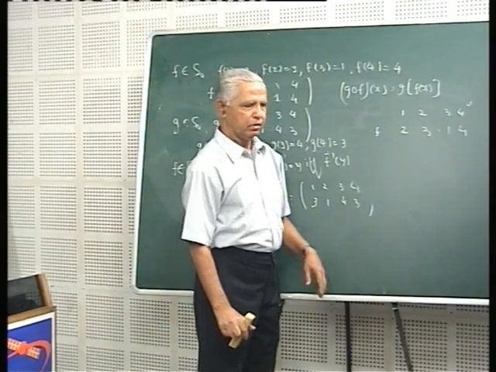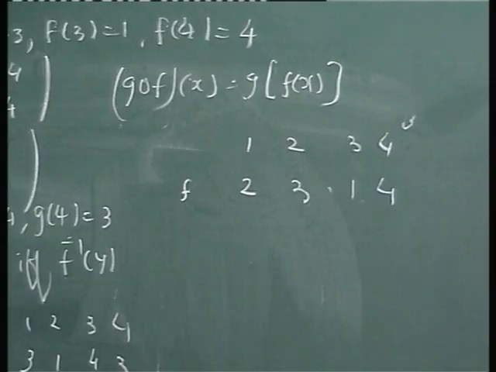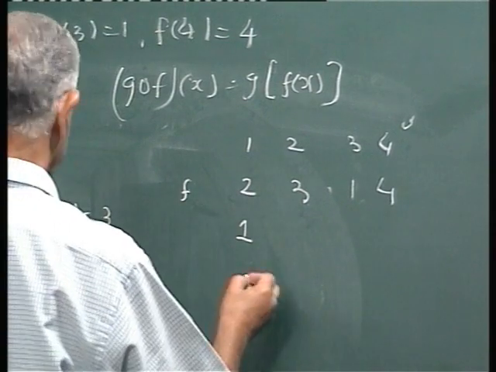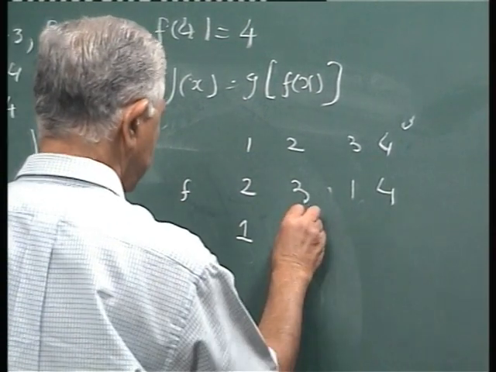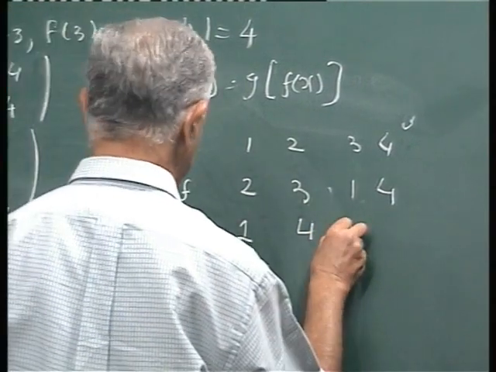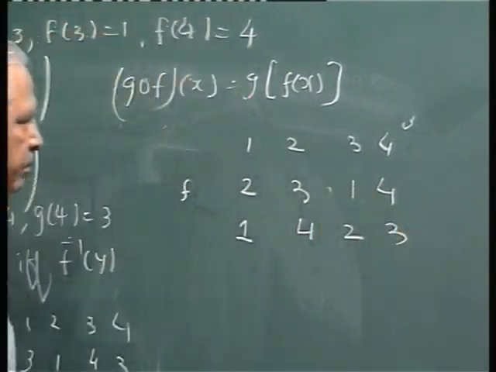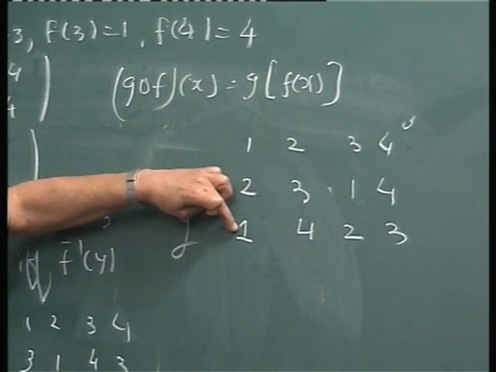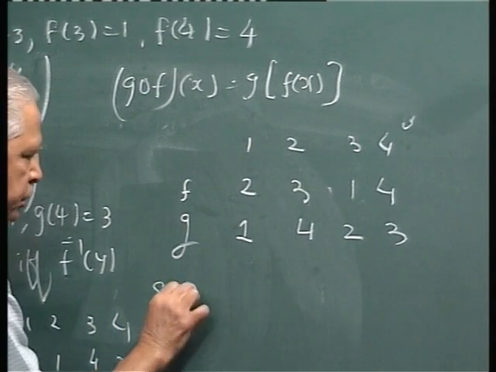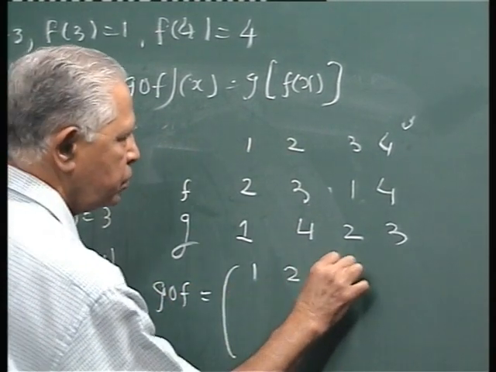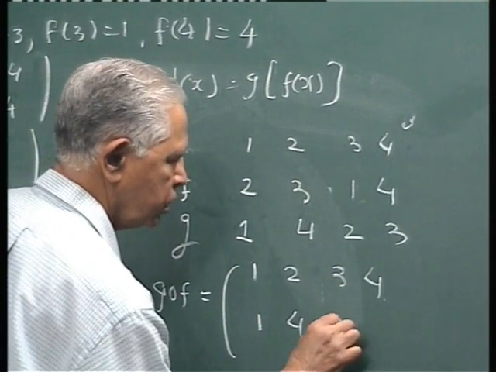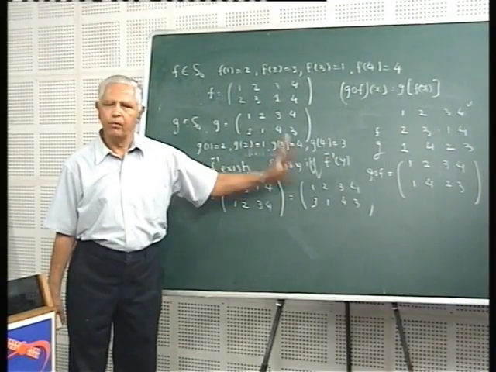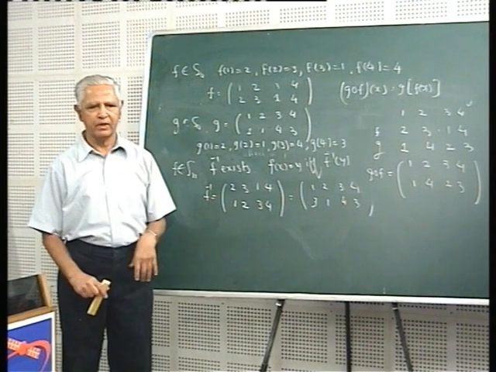Now in the third row, I write down the value of g at these elements. What I know is that g(2) is equal to 1, g(3) is equal to 4, g(1) is equal to 2, and g(4) is equal to 3. Now this is our g. Combining the first and third row, what we get is g composition f is equal to 1, 2, 3, 4 over 1, 4, 2, 3. So we can find the inverse and composition of permutations very easily with the help of this representation.